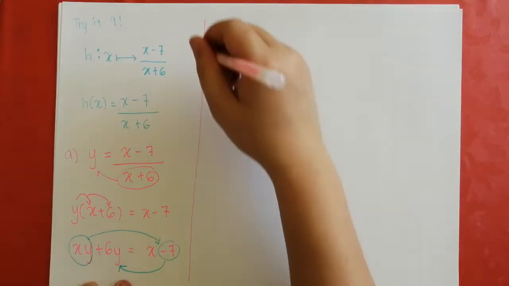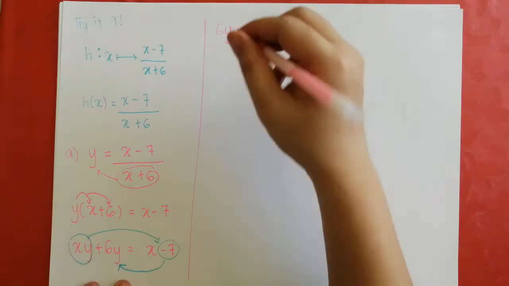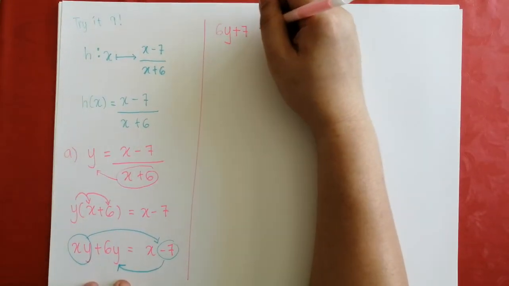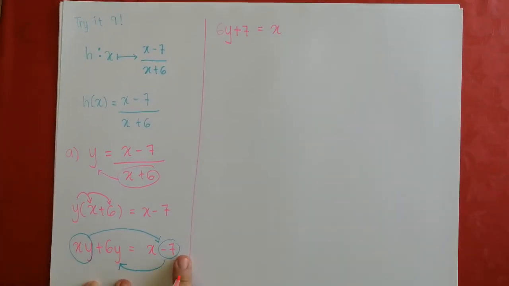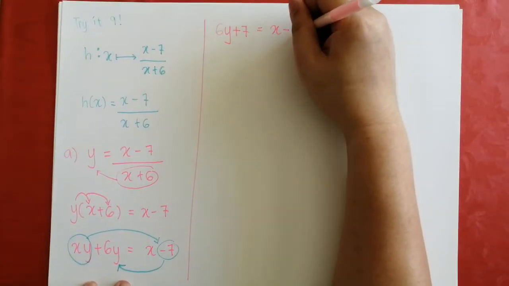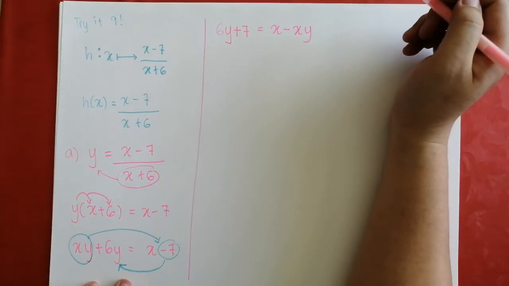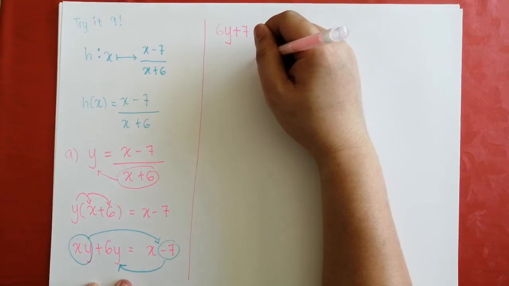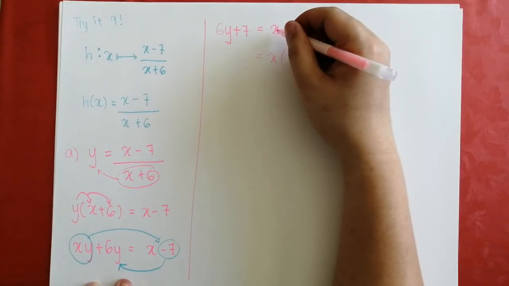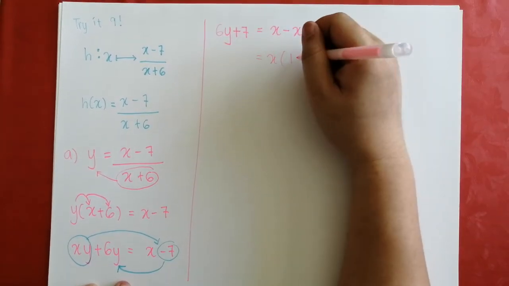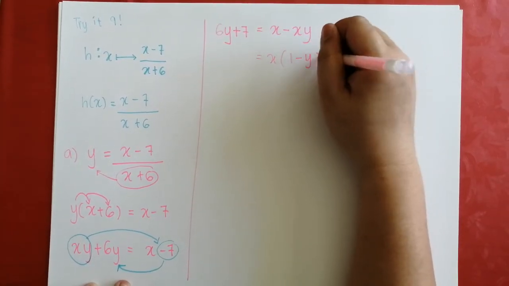So you will have 6y, and the minus 7, bring it to the left, becomes positive 7, equals x. There's a positive xy, bring it to the right, therefore it becomes negative xy. Both of them have x, therefore factorize, take out the x. So you are left with 1 minus y.